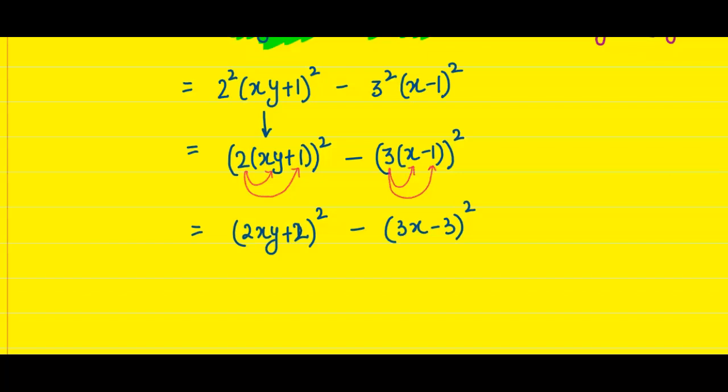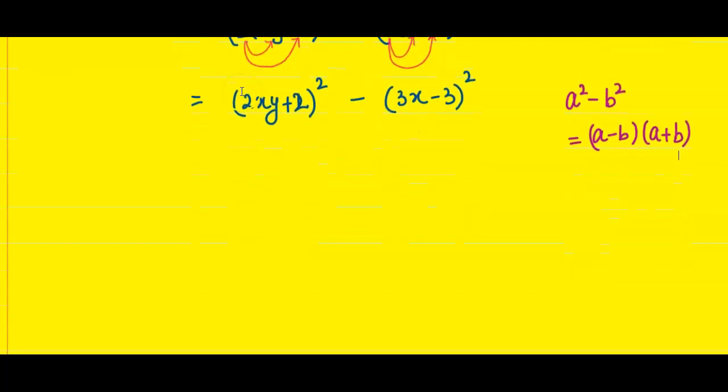So now it exactly looks like the difference of two squares. So again I am writing the factors of when we have difference of two squares. So a square minus b square is equal to a minus b into a plus b. So let's write the first factor, which will be a minus b. So we have, this is a, 2xy plus 2 minus the second term, this. So I am putting it in a bracket because this negative sign is very important.